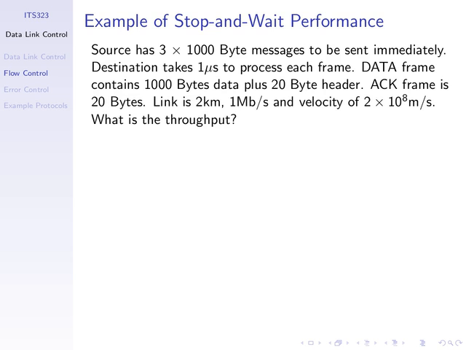And with a calculator, I think it's around 959 kilobits per second. So if we look at the average throughput, if we looked over a long period of time when we had a lot of data to send, we'd average about 959 kilobits per second, or 0.959 megabits per second.